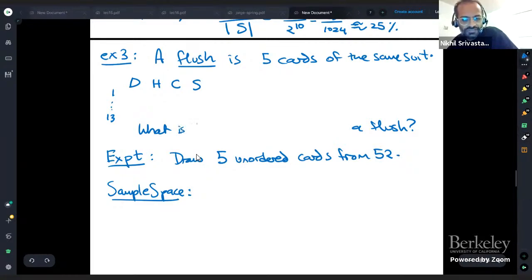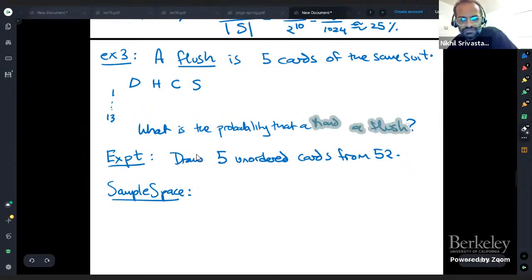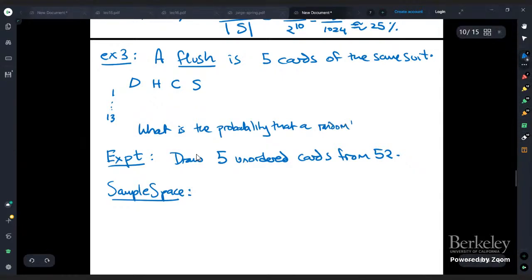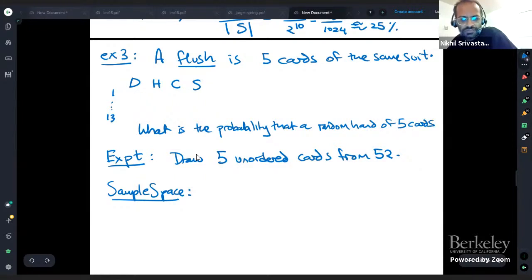So what is the probability that a random hand of 5 cards is a flush?